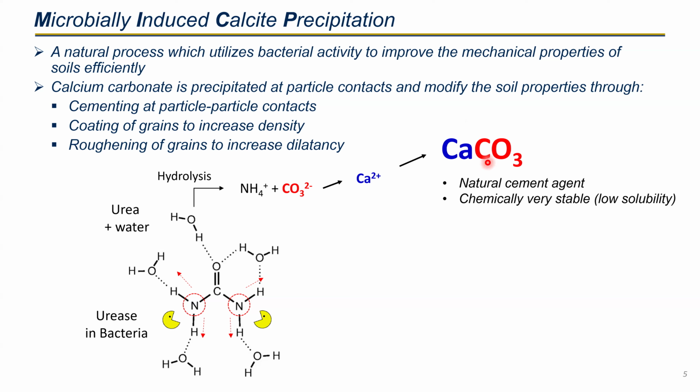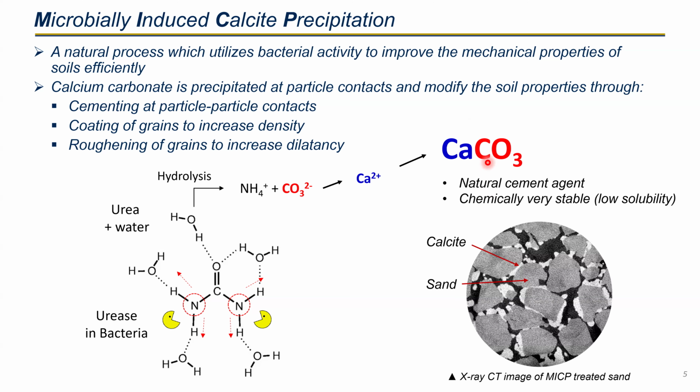And this precipitated carbonate changes the soil properties through cementing at the particle contacts, and coating of grains to increase the density, and roughening of grains to increase the dilatancy. So it can hold the soil particles together during the shaking, therefore preventing liquefaction.